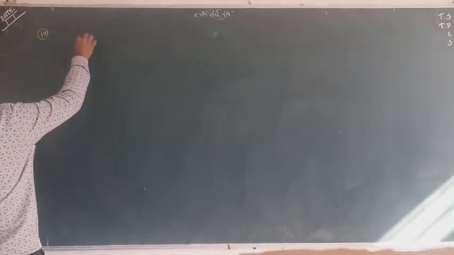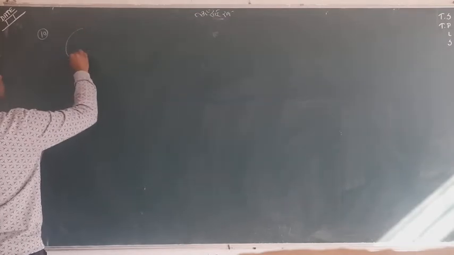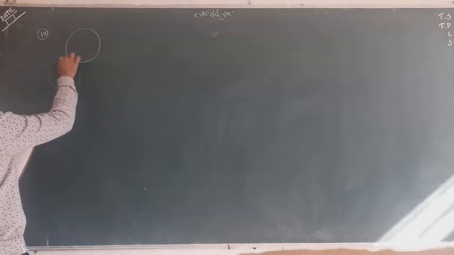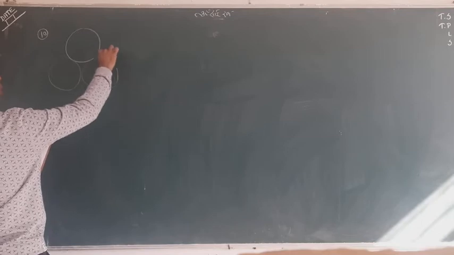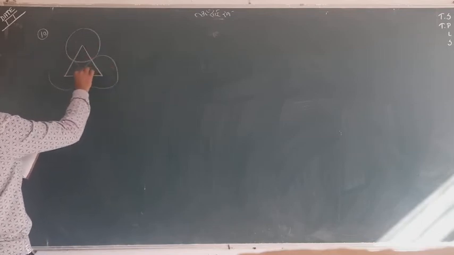For this question, I first want to make a picture. We have 3 circles, and we have an equilateral triangle like that.